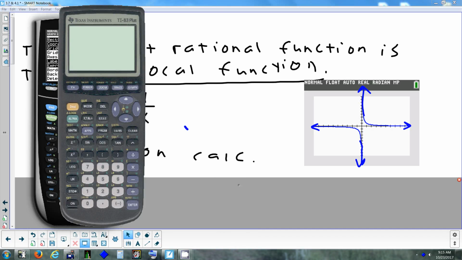Right, so I'm going to type in 1 divided by x and hit zoom 6. You know what? It might be hard to see what it's doing because the axis is there. So let me turn the axis off and see if it does what I'm thinking. No, it's not doing it.